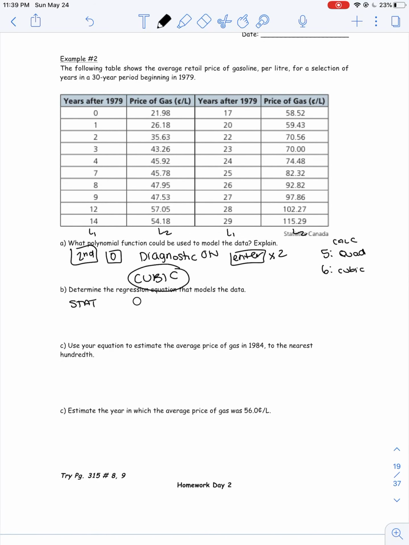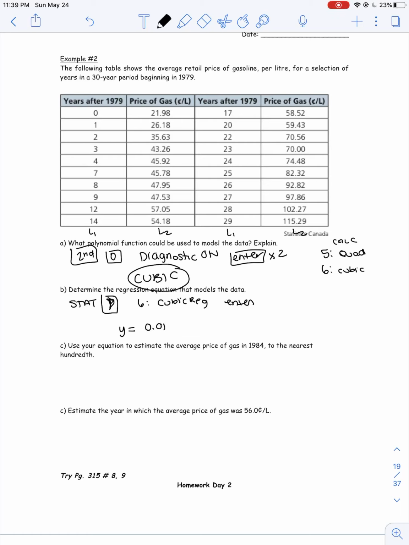Once you press stat to calc, and then you're going to go to, in this case, number 6, which is a cubic regression. And you're going to press enter. So once you've pressed enter, you're going to keep pressing enter until it calculates it for you, and then it should give you an equation that looks like this.